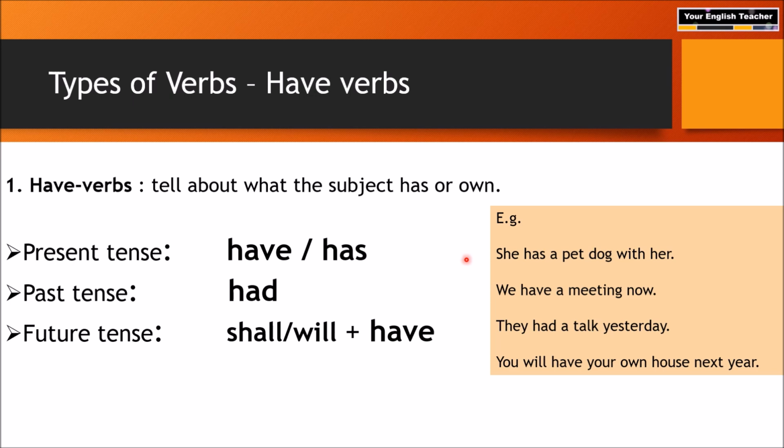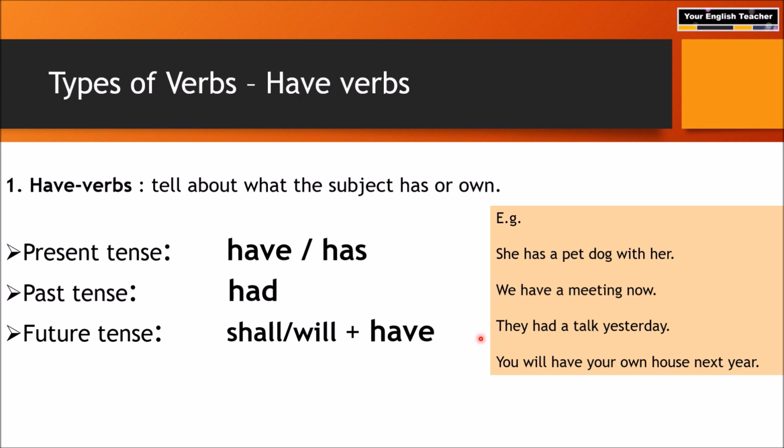This is present tense. We have a meeting now. This is also present tense, because here the subject matters. We is the first person, so we use have, whereas she is the third person singular, so we use has. Both belong to present tense. They had a talk yesterday, had, past tense, indicating a past thing.